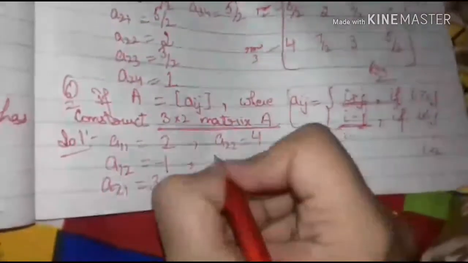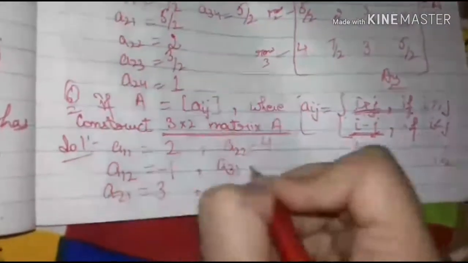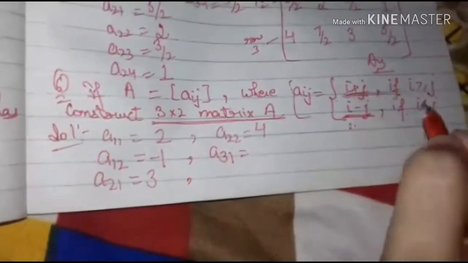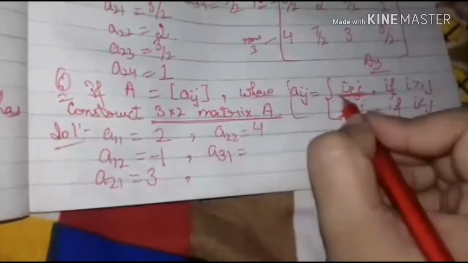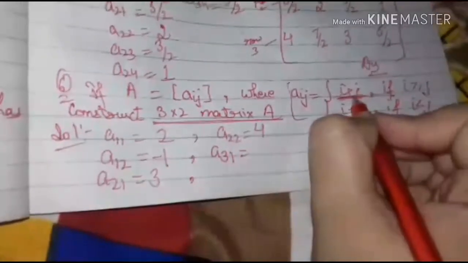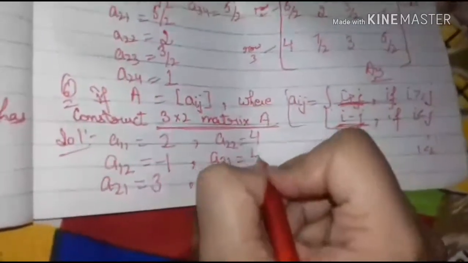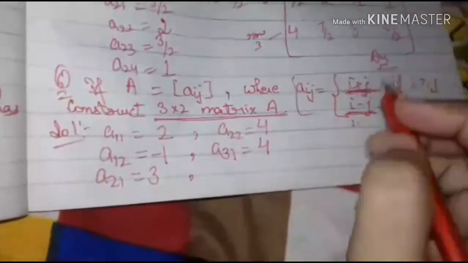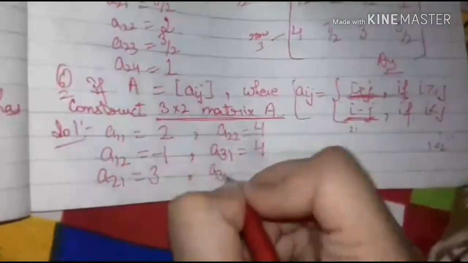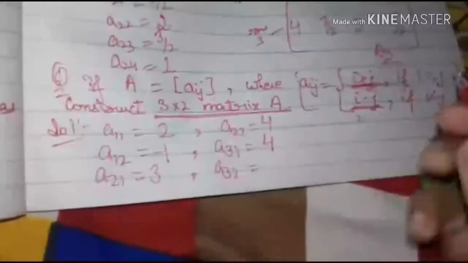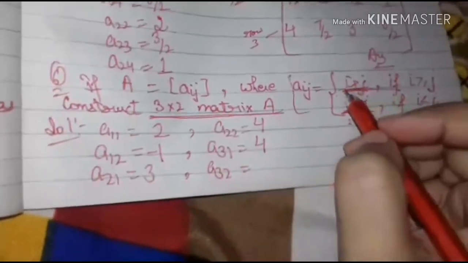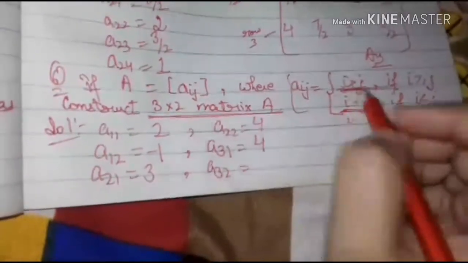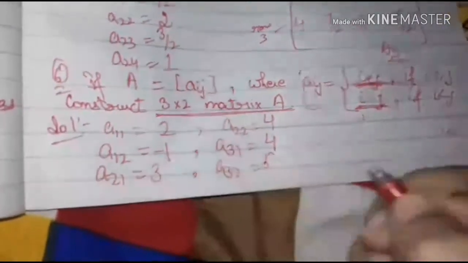Next A31. 3 is greater than 1, so we have this equation. 3 plus 1 is equal to 4. Next A32. 3 is greater than 2, so put it in this equation. 3 plus 2 is equal to 5.